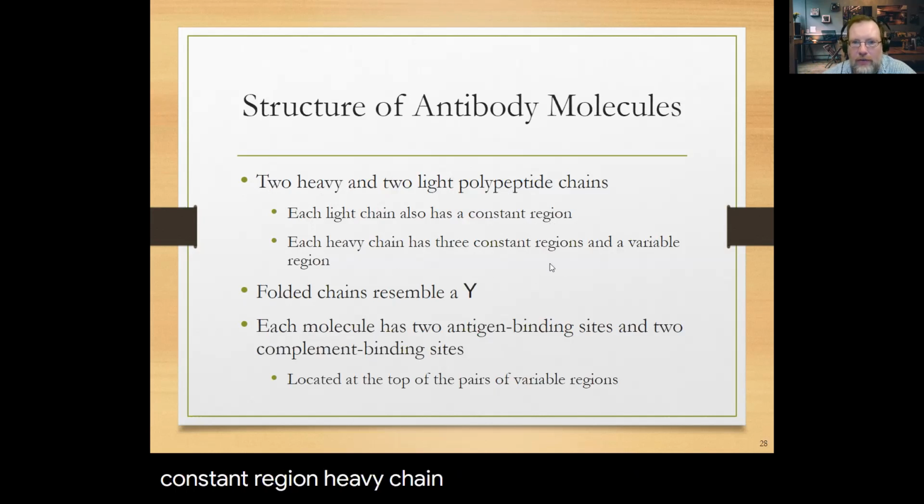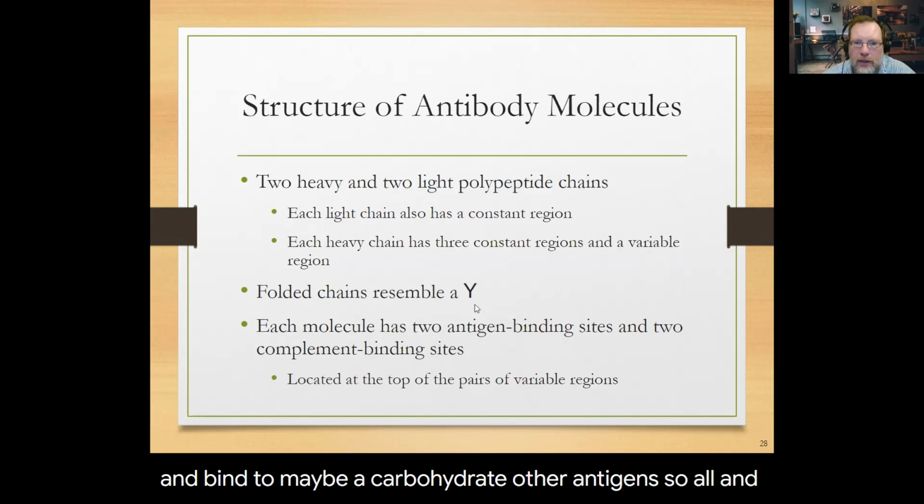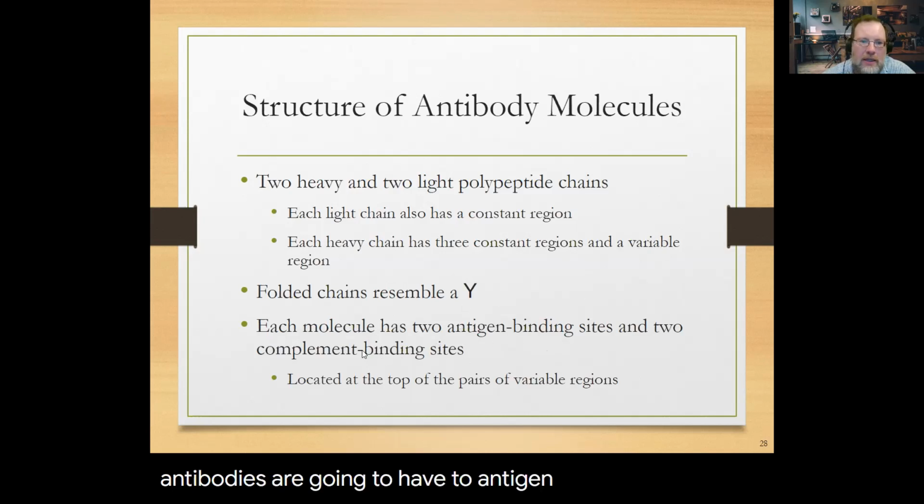Heavy chains have 3 constant regions, and a variable region. That variable region can loop and bind to maybe a carbohydrate, other antigens. All antibodies are going to have 2 antigen binding sites and 2 complement binding sites.